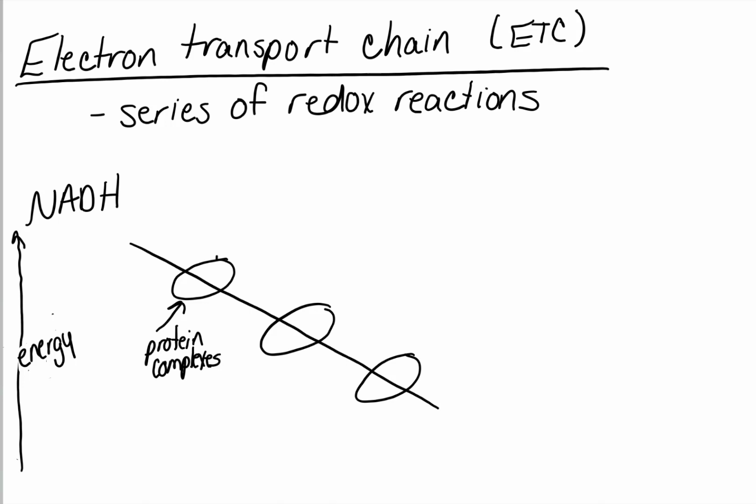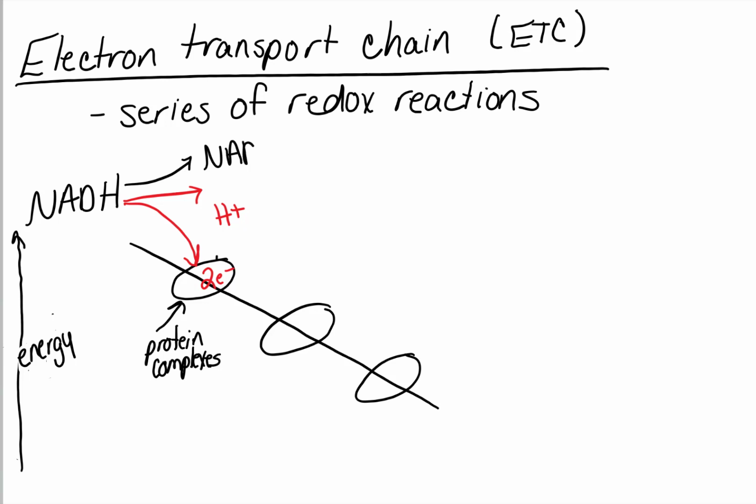Okay. And what happens when NADH comes in is that we do a redox reaction. Electrons are transferred. And so NADH is going to transfer the 2 electrons that it is carrying to the first protein complex. It is also going to drop off that extra proton that it picked up in the reduction of that electron carrier, and then NADH ultimately in this step is becoming oxidized.